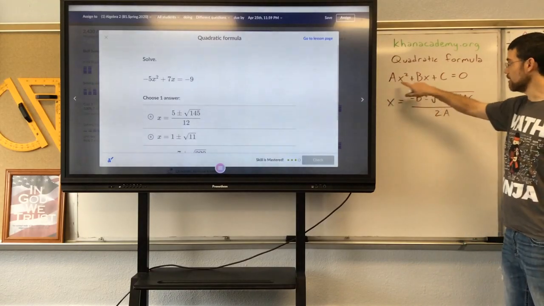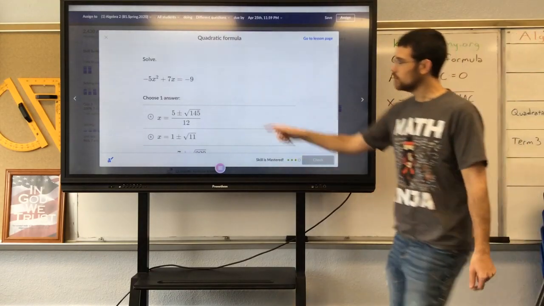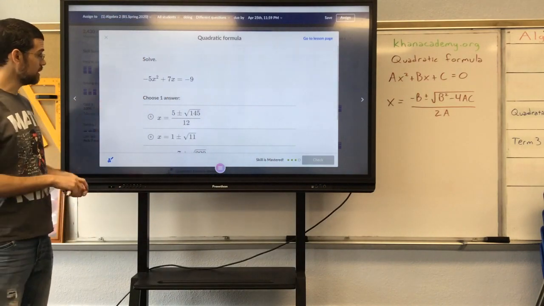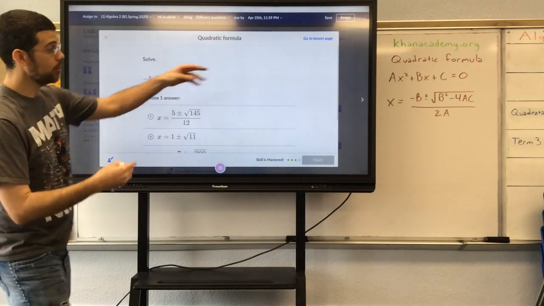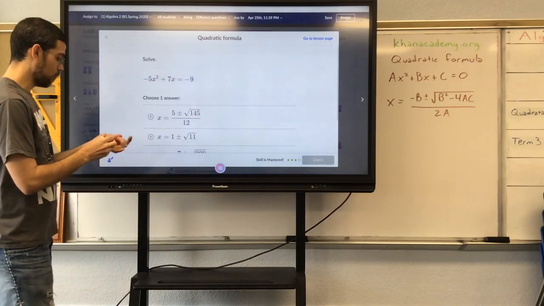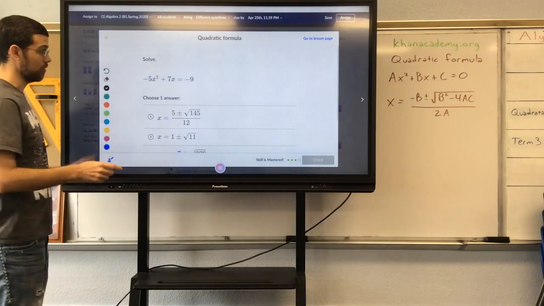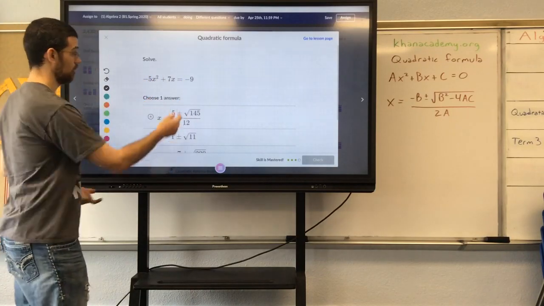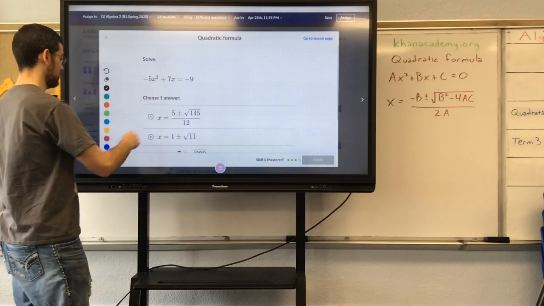Remember, you will know these numbers a, b, and c, just like in this problem here. You will know the numbers a, b, and c once you put the function into that format. So the first thing, for example, on this problem is that we need to make it all equal 0. Well, I'll do that by adding 9 to both sides of the equation.